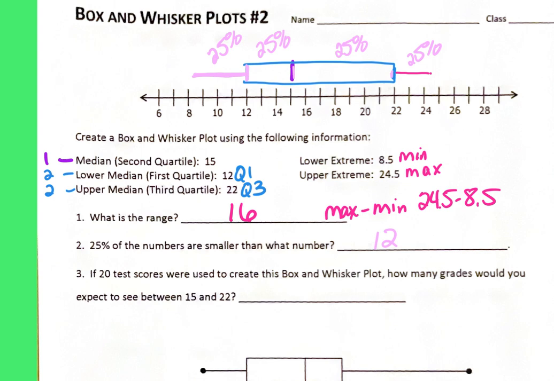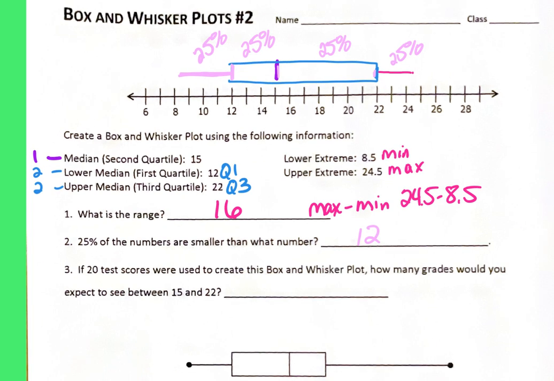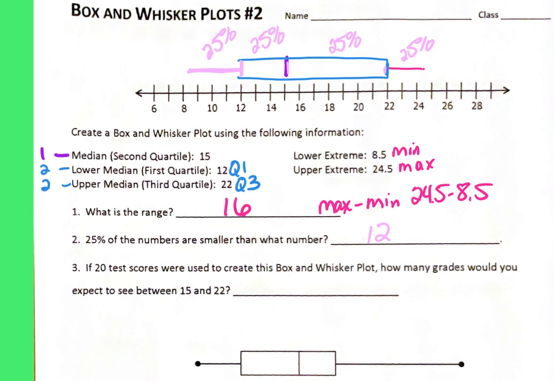It says if 20 tests were scored using to create the box and whisker plot, how many grades would you expect to see between 15 and 22? So 20 tests, I'm going to divide it by 4 pieces, which gives me 5. So there's 5 tests here, 5 tests here, 5 tests here, and 5 tests here, okay?